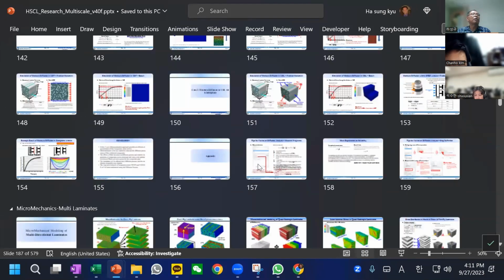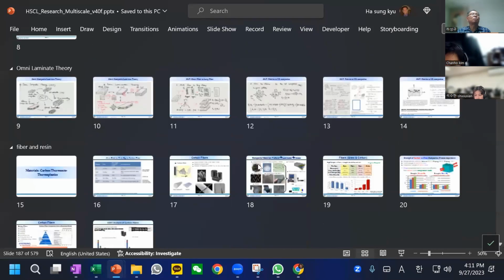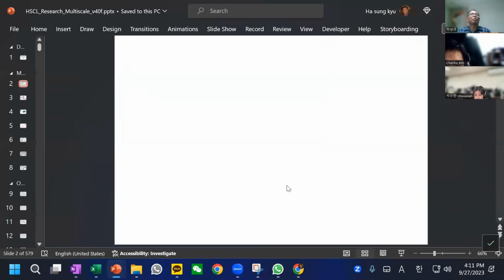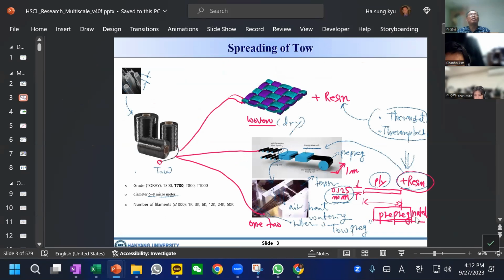Okay, so right now I wanted to cover what we mean by this level, pre-preg, flat, and then woven, starting from the fiber and toe, and so on. Okay, so the key point is how we have the resin there.